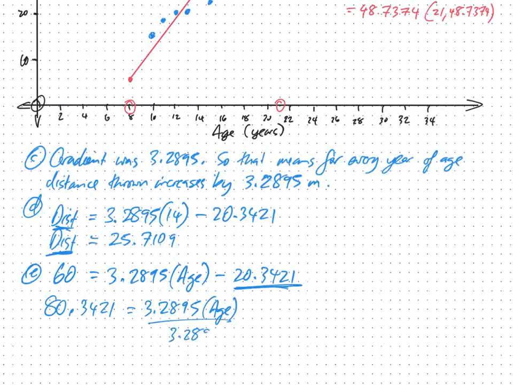Dividing by it. So those are going to cancel. So age is going to be 80.3421 divided by 3.2895. 24.4238 to 4 decimal places. Around 24 years of age. Okay?